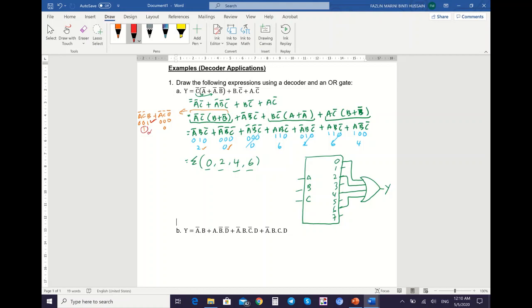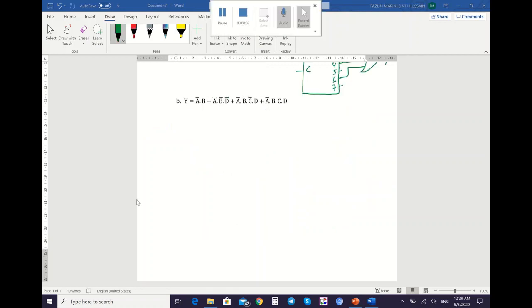Okay, we go for the second example. For the second example, we have four variables. Now I'll show you the steps. Actually the steps are the same as the previous example. You just need to expand.